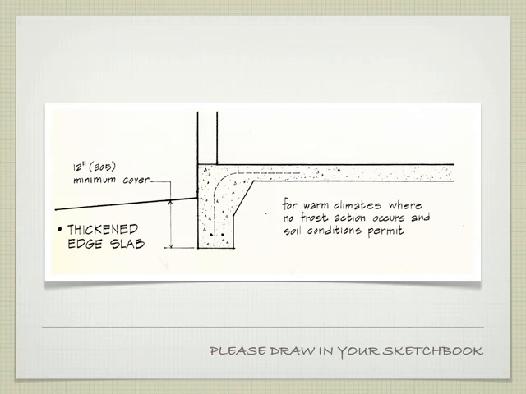If I were drawing this, I would make a note that this is a slab on grade. This dotted line here is representing a piece of rebar that's in the slab. Also, these two dark circles are also representing pieces of rebar.